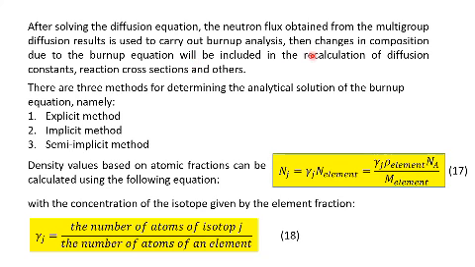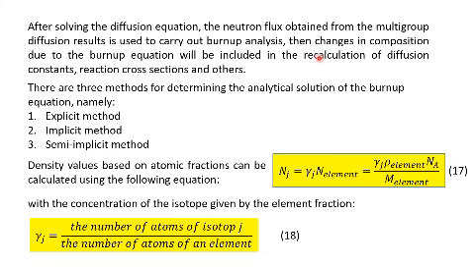Then, changes in composition due to the burn-up equation will be included in the recalculation of diffusion constants, reaction cross-sections, and the others. There are three methods for determining the analytical solution of the burn-up equation. The first is the explicit method, the second is the implicit method, and the third is the semi-implicit method.